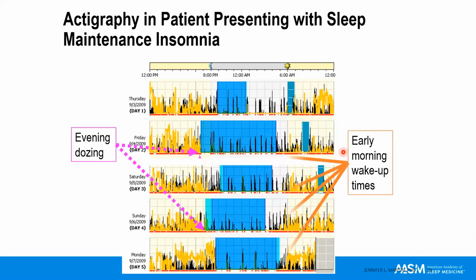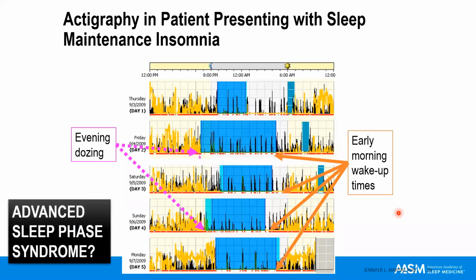And the other thing that we see is these early morning awakenings. So 4 a.m. is right here, and he is waking up quite early, oftentimes not going back to sleep again. So his sleep quality is poor, but we did start to question whether he might have advanced sleep phase syndrome.